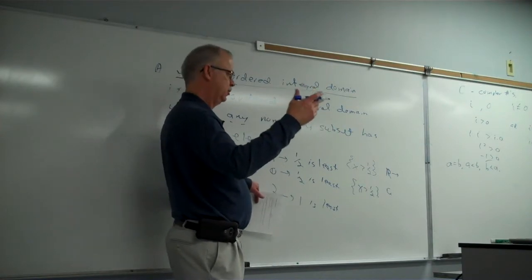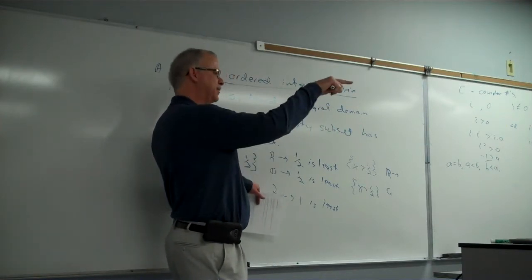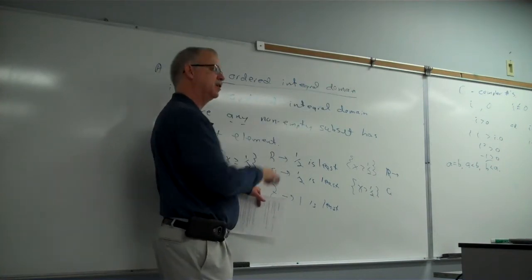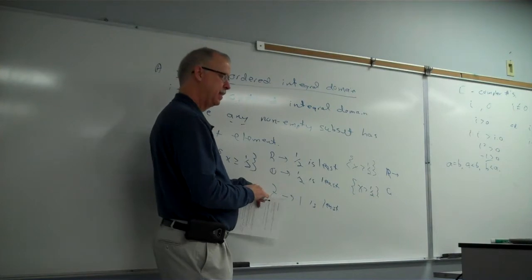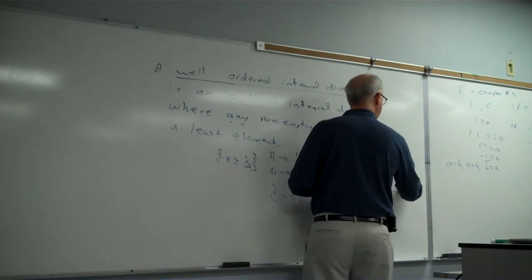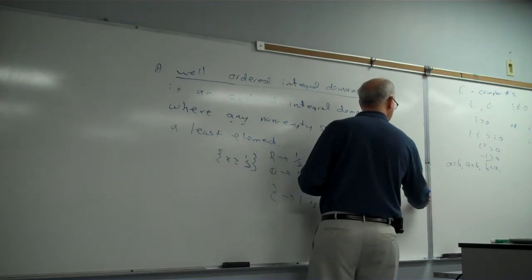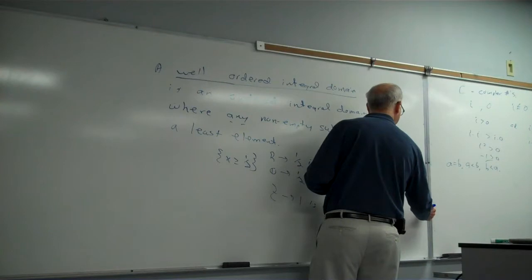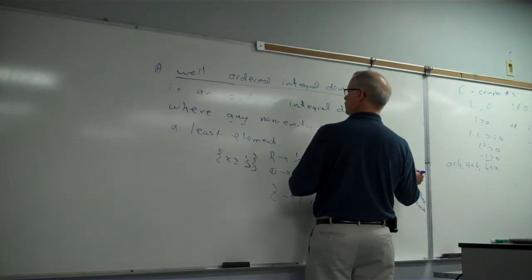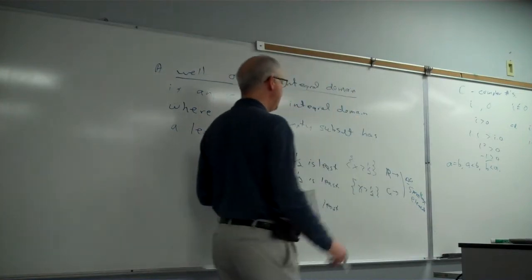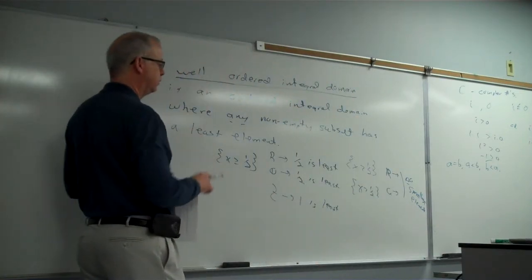Yeah. So there's that idea. We can get as close to 1/2 as we'd like, but no matter how close we are, we can always get closer. So in both the rationals and the reals, there is no smallest element. So they are not well-ordered integral domains.